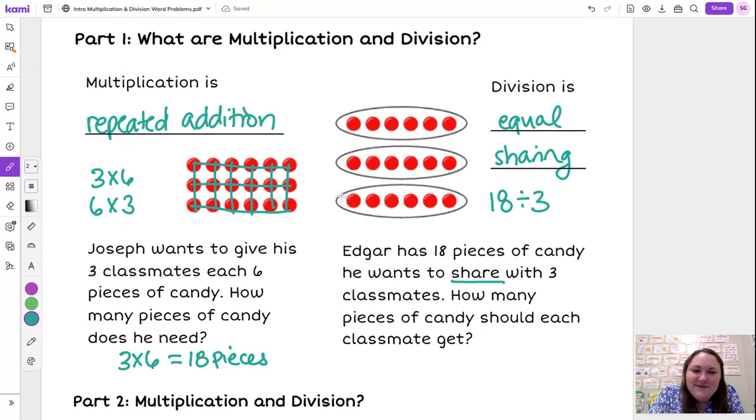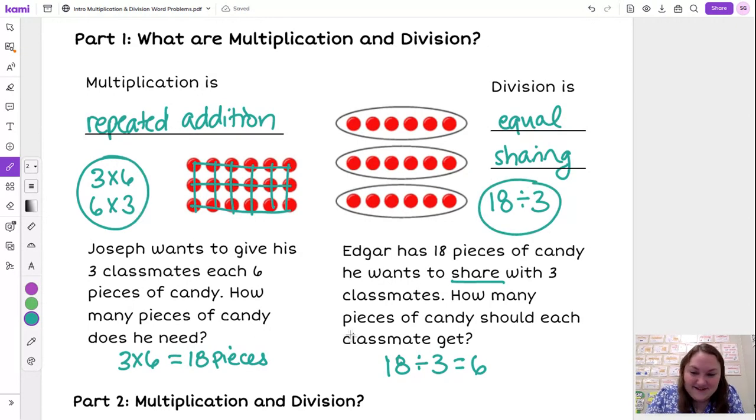Here he's starting with that total of 18 pieces of candy, and he's putting them into 3 groups. That helps me know that we're going to be doing 18 divided by 3, and then our answer is 6 because each group has 6. We also talked about if you know this multiplication fact, it really helps you with that division fact.